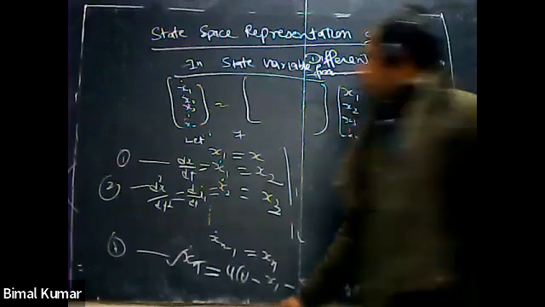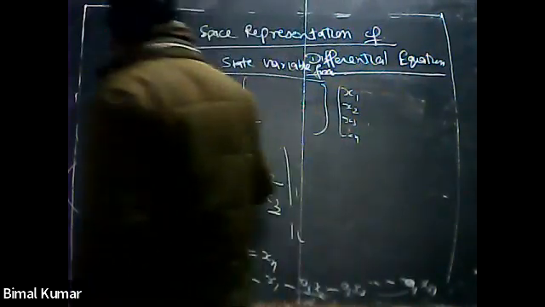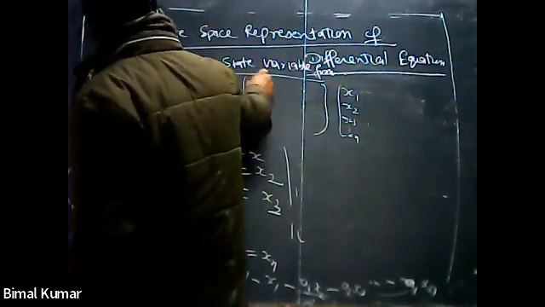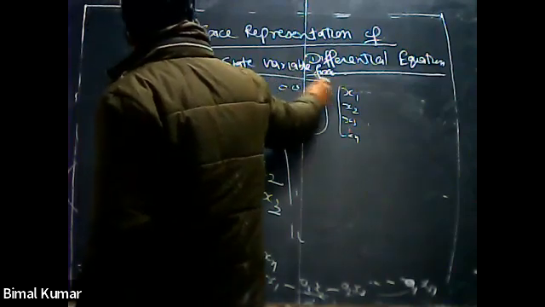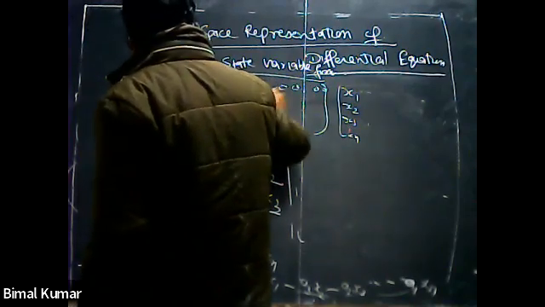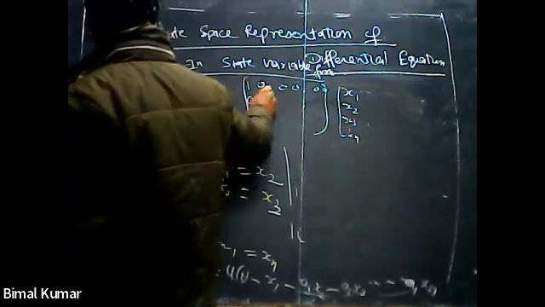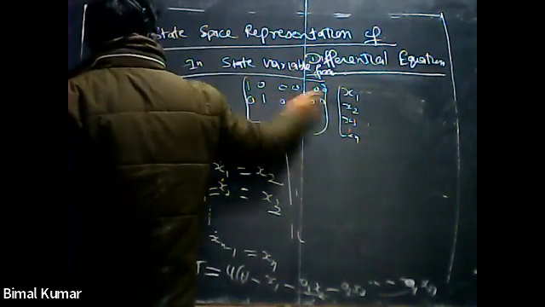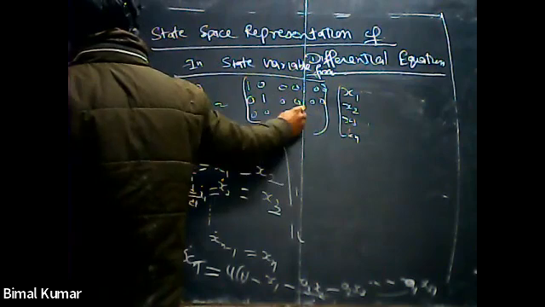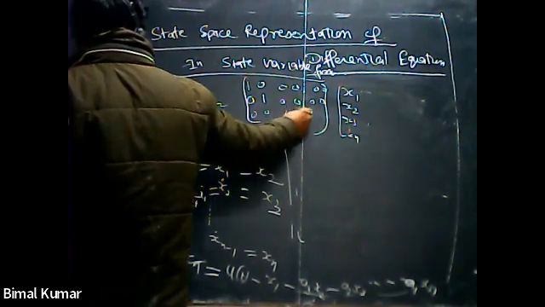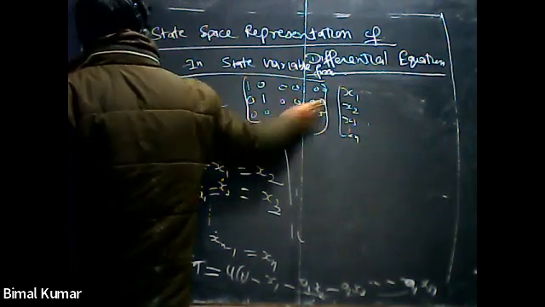Right. So here, if you see, the first element is 1, and the rest are all 0 up to n. Then the second row, first is 0, then after that 0, 0, 1, and so on.